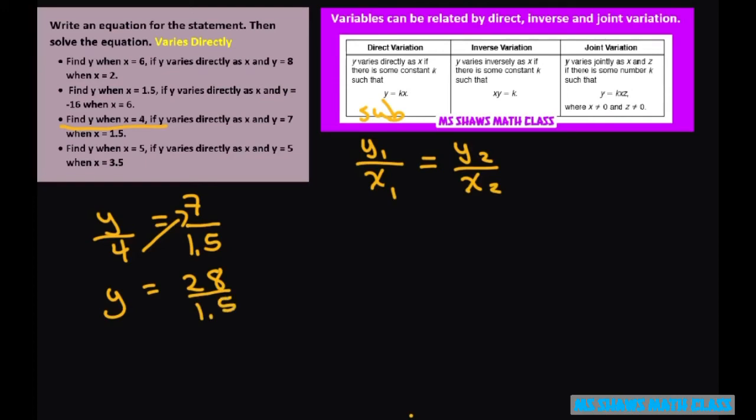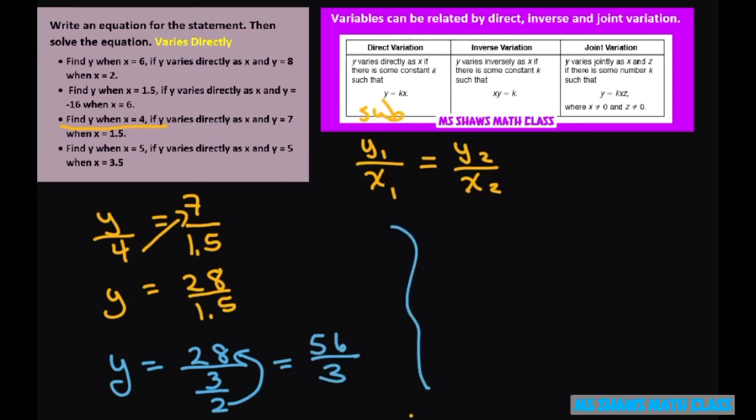Now let's look at this one. This is really y equals 28 divided by 3/2. So if you really want to fix this, you can just multiply those two. That's going to give you 56 divided by 3. All right, or you could just leave it like this.